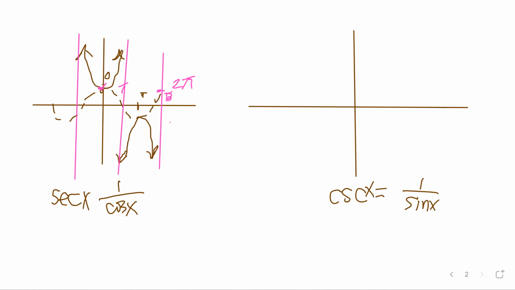Yeah, the way we draw here is not very clear. This is 2 pi. This is 1/2 pi, correct? Because cosine 1/2 pi is 0. That's why they have an asymptote. So this next asymptote is going to be 3 over 2 times pi. Yes? Yes. Now you can draw the cosecant by drawing sine x first.